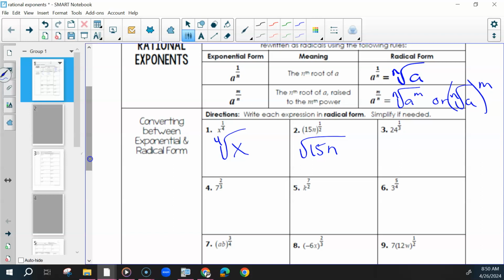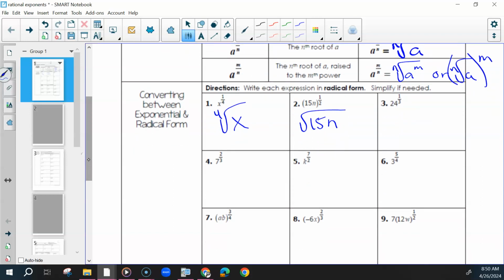How would I write number 3 in radical form? The number in your denominator is going to be your index, the number outside of the radical.